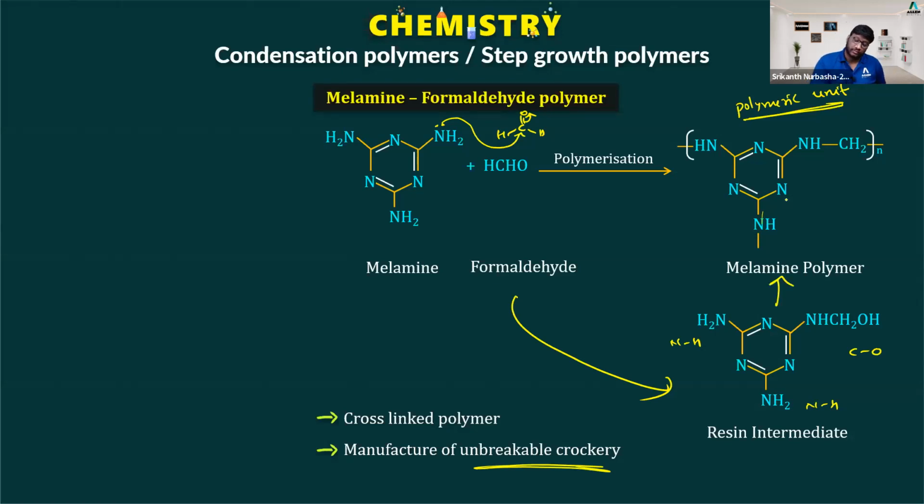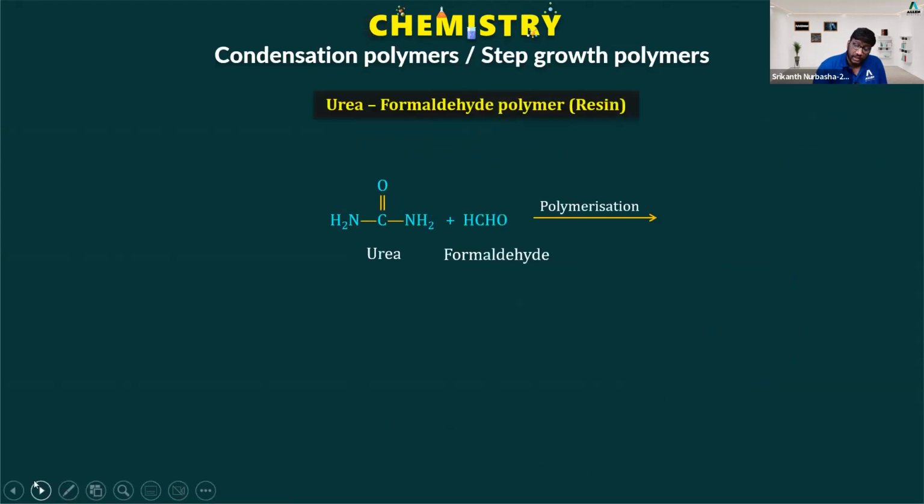Okay, so we have seen phenol formaldehyde and melamine formaldehyde, and we can also expect the next type of polymer, urea formaldehyde, which is also called a resin. Urea formaldehyde is also used in unbreakable cups and so on. And urea means we have NH2 C double bond O NH2 treated with HCHO. What will it form, students?